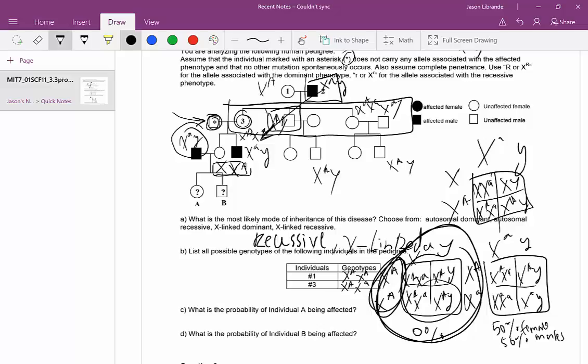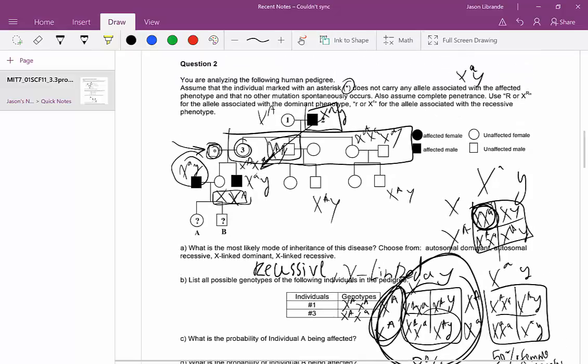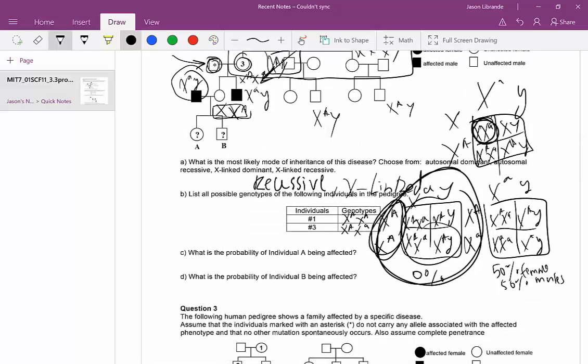So it looks like there is a 50% chance of her being affected. So here, the question doesn't make it quite clear how to deal with this allele that's missing for one of the X's. But I'm guessing if they have no allele on one of their X's and a recessive allele on their other X, then they're going to have the disease. If they had a dominant allele on the other X, then that would protect them. But here they don't have that, so you just have the recessive allele, and that makes them have the disease. So that would be 50%.